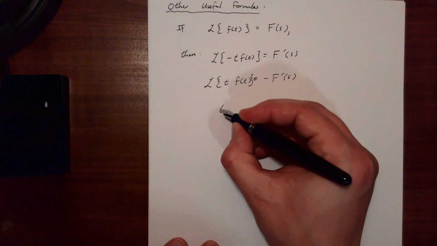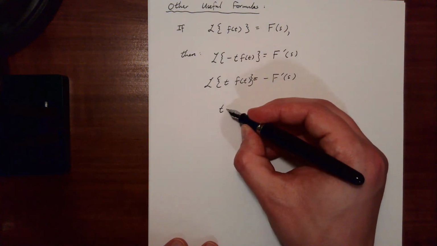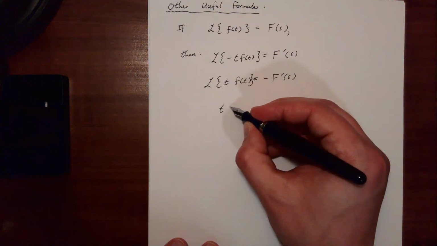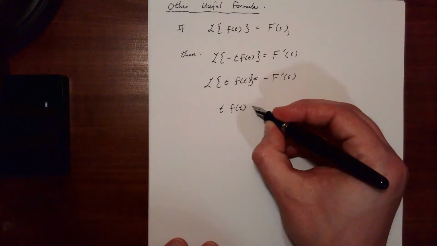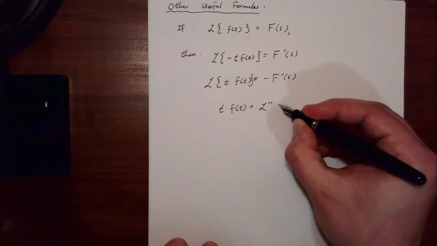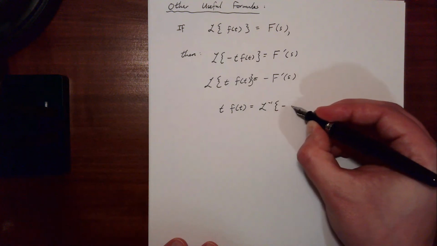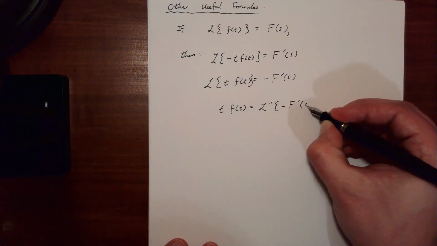All right. So then by the same token, we can turn these equations around a little bit and say then that t times f of t is going to equal the inverse Laplace transform of negative F prime of s.